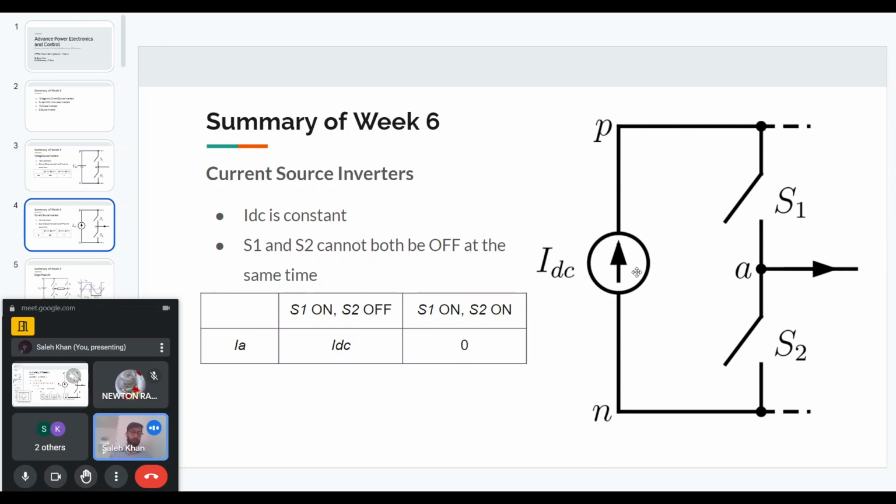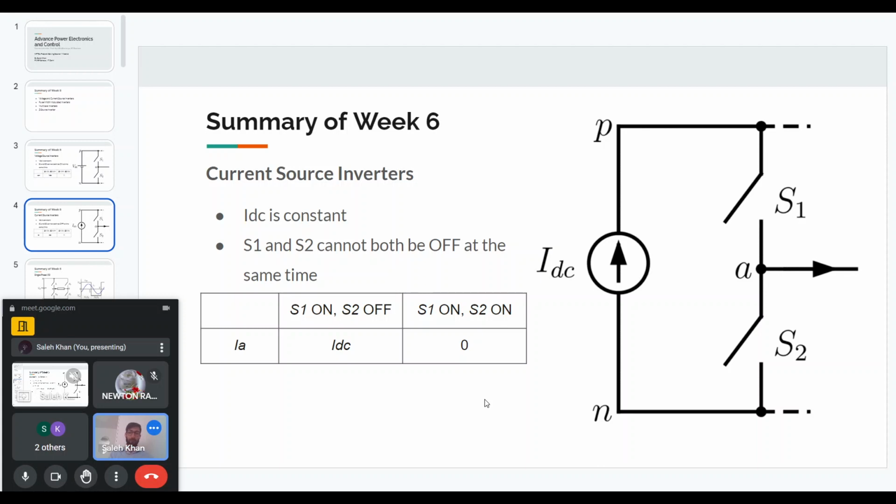It will not flow through the load, so we get zero load current at the output. So this is how current source inverters work, and the difference between voltage source and current source is, I think, obvious. There are also some differences in functionality: in a voltage source inverter both switches cannot be on at the same time, but in a current source inverter both cannot be off at the same time.